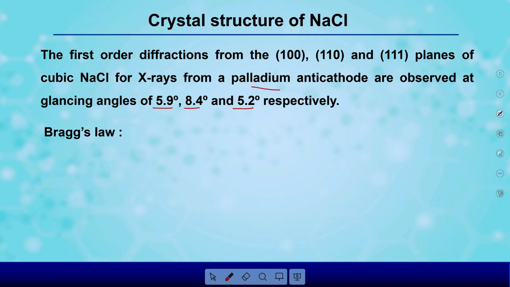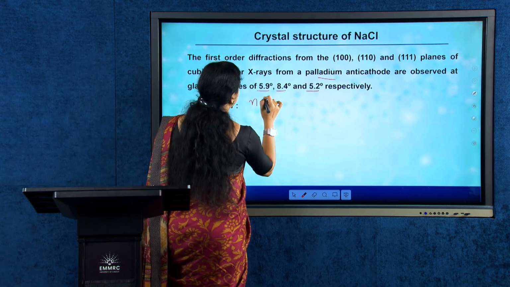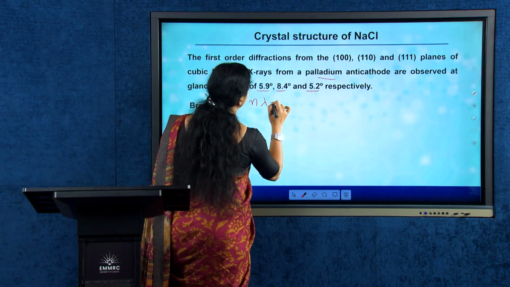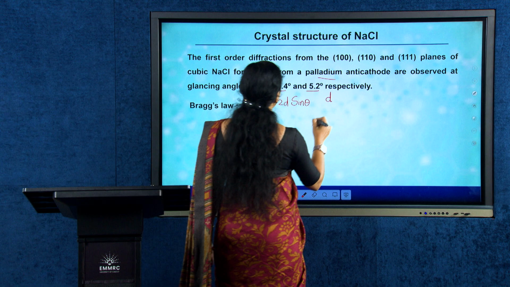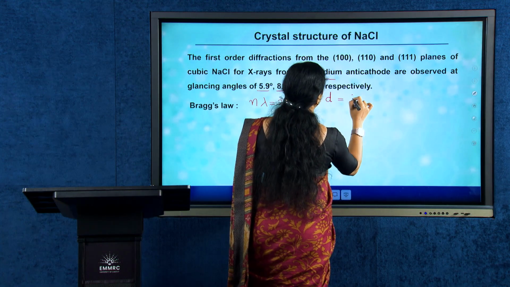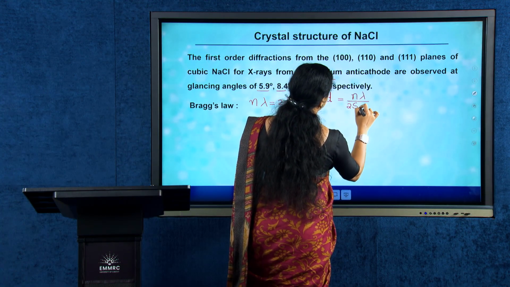Now, what is Bragg's law? Mathematically it can be represented as n lambda equals 2d sin theta. From this you can calculate the interplanar spacing d, the spacing between the atomic planes: d equals n lambda by 2 sin theta.